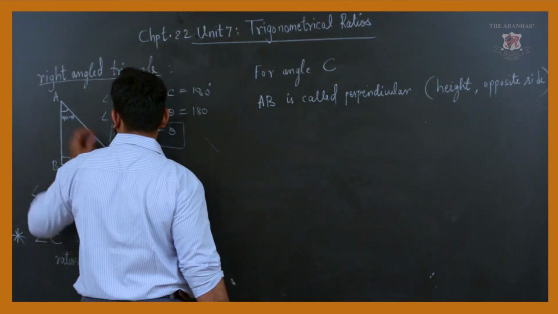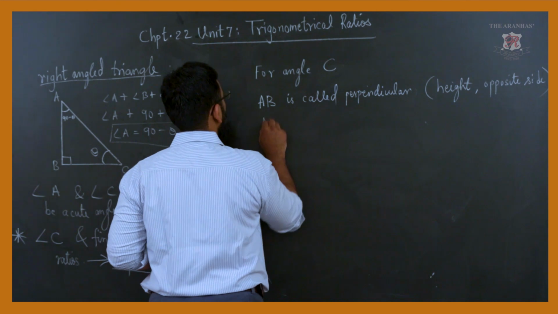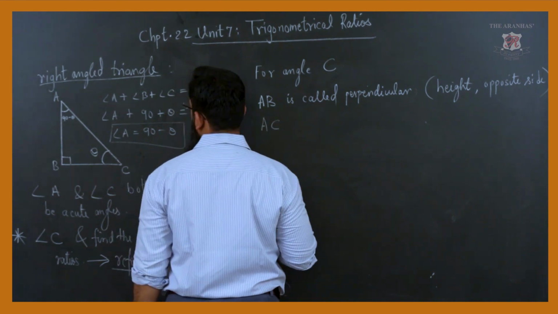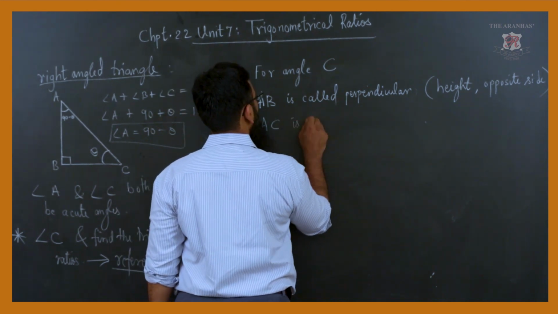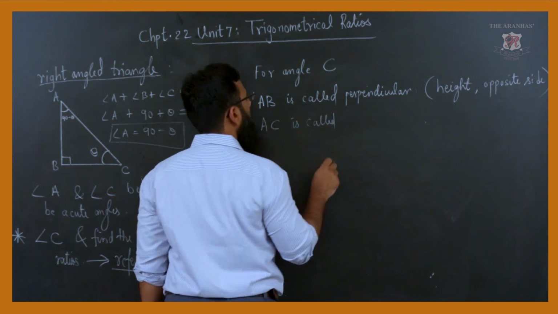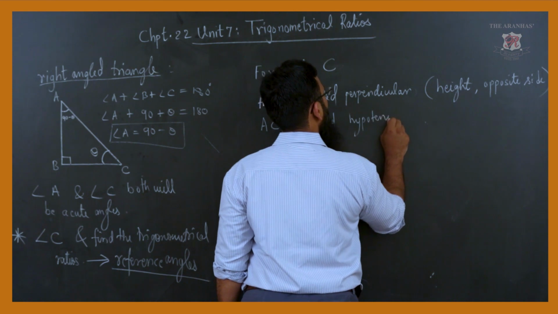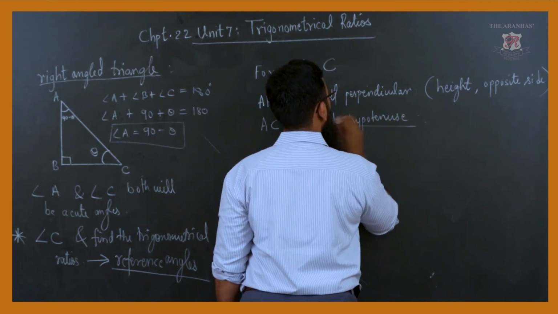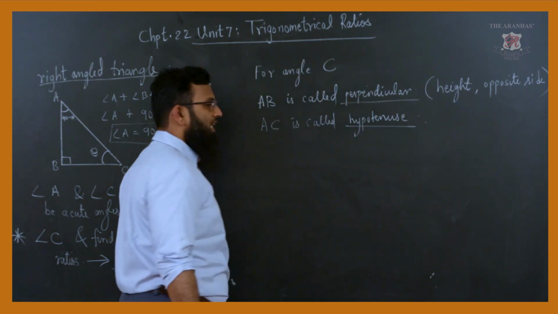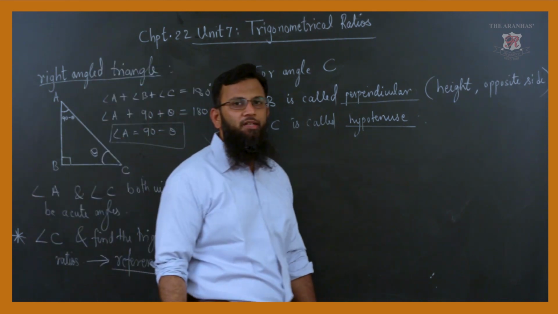Now the second thing is AC. We are aware that in a right angle triangle, the slant height is called the hypotenuse.